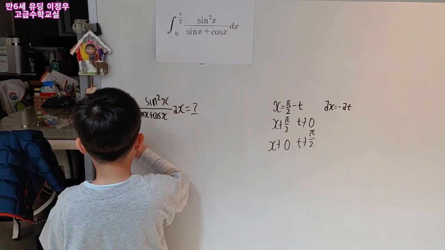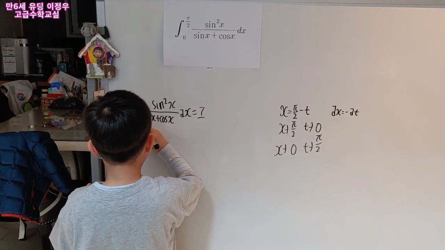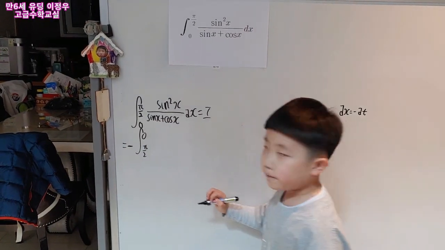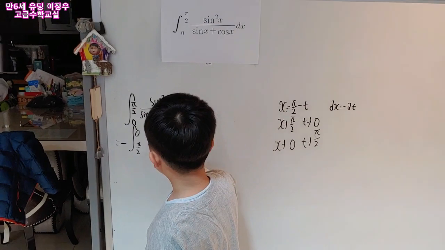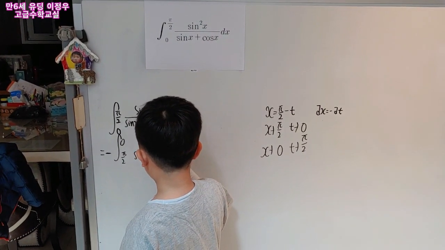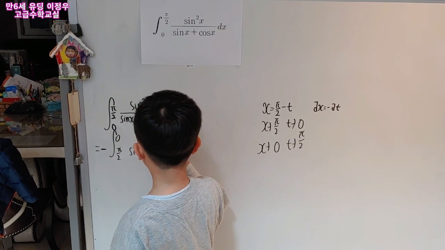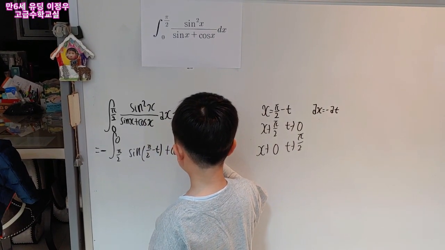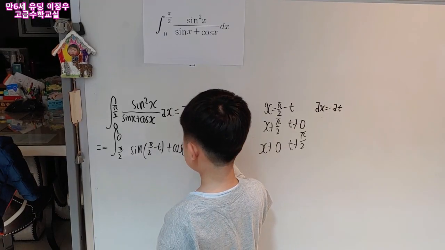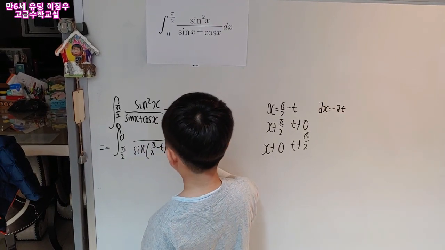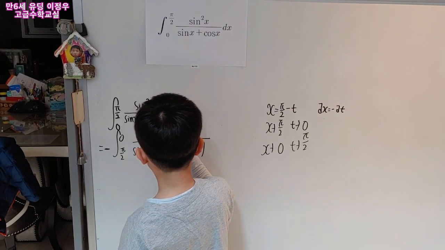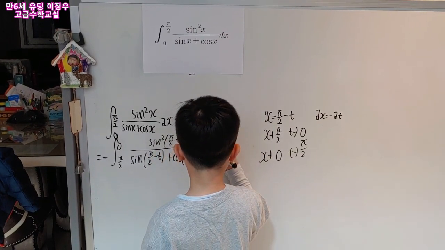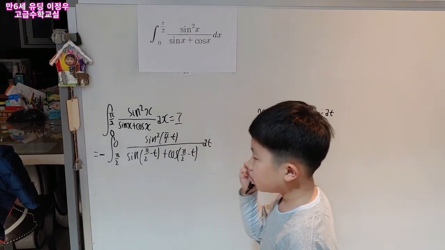So this is negative integral from pi over 2 to 0 of sine of pi over 2 minus t plus cosine of pi over 2 minus t, over sine square of pi over 2 minus t, dt.